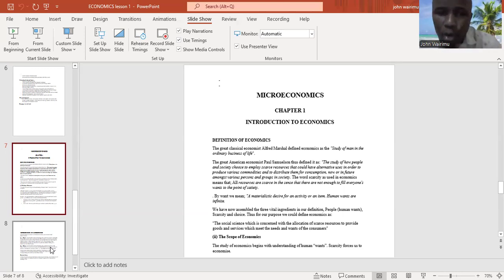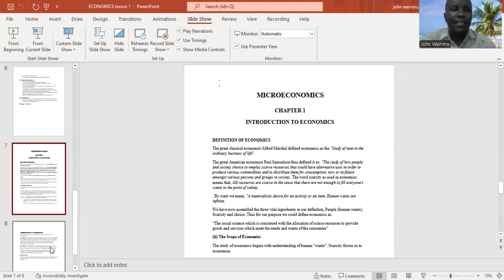Introduction to economics. You see, this term economics, even a layman will tell you, you guys have not done economics, you don't know how to use your money well. I'm an economist because once I receive my money, I know how to budget. So it shows that economics can be defined in so many ways.